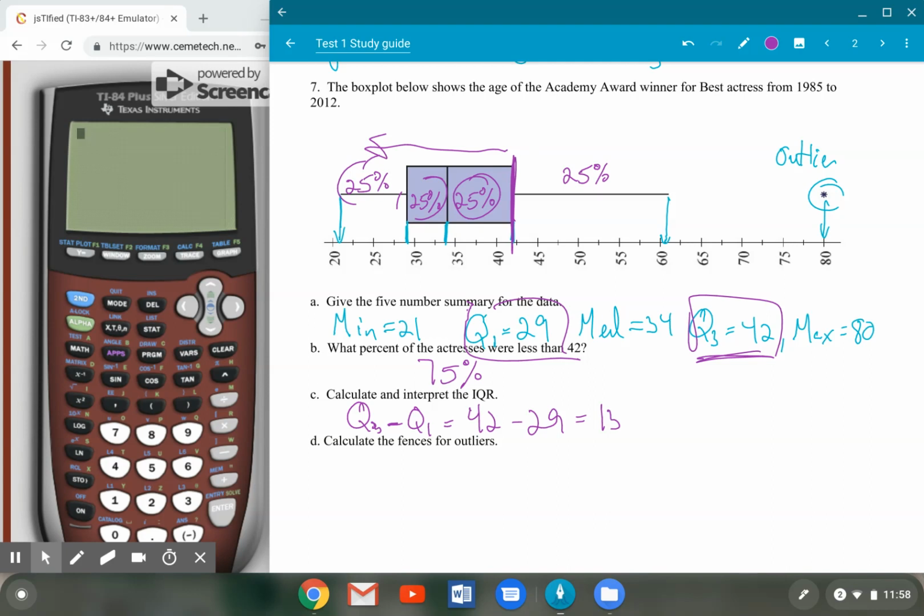And then to calculate my fences for outliers, we had some formulas for those. For your upper fence, we'd use the formula. It's Q3 plus 1.5 times the IQR.